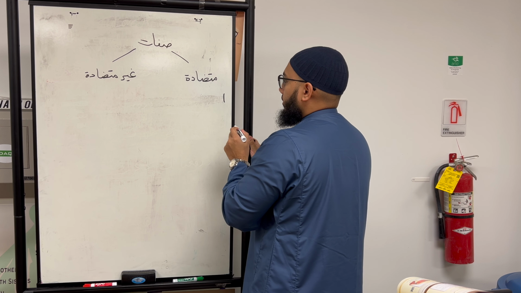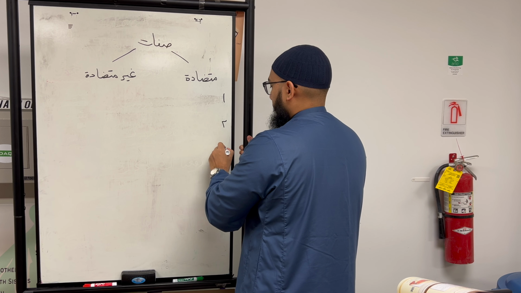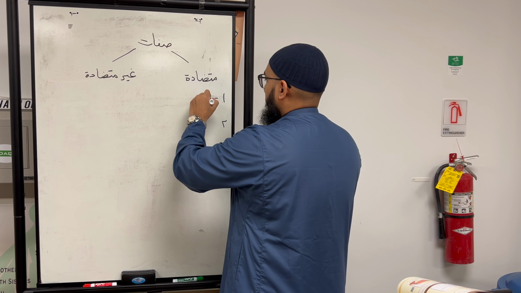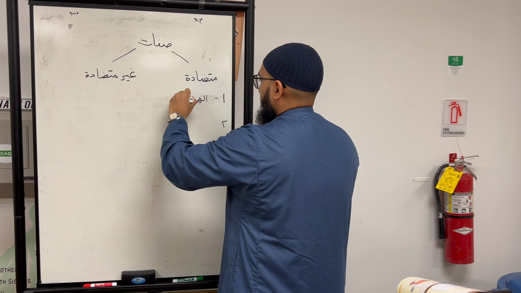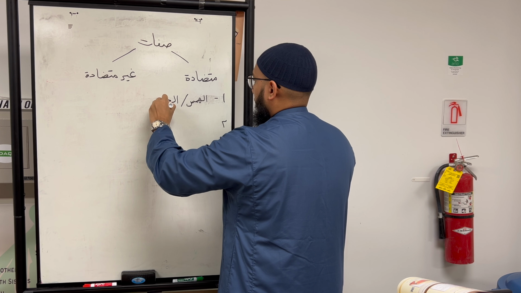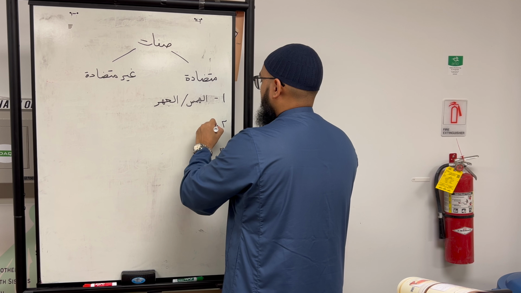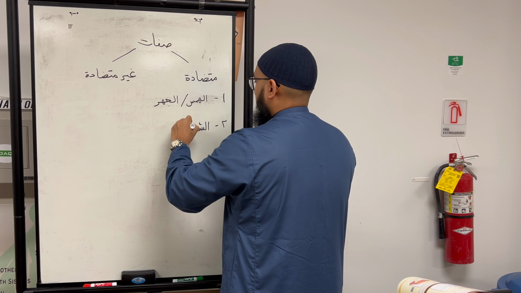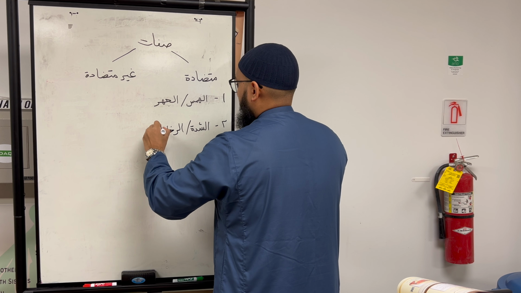Sorry? 4 pairs. First pair is going to be al-hams and jahr. That we completed. The second one is going to be al-shidda, not really a pair, al-rakhawa, and al-bayniyah.